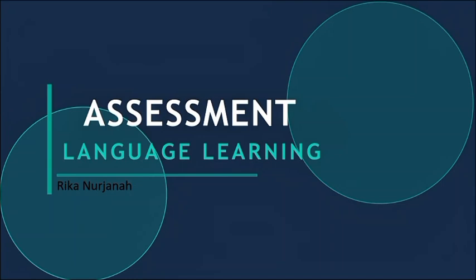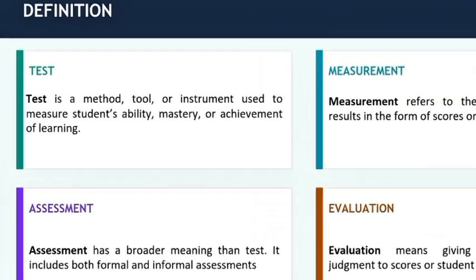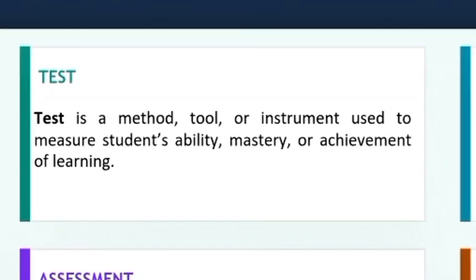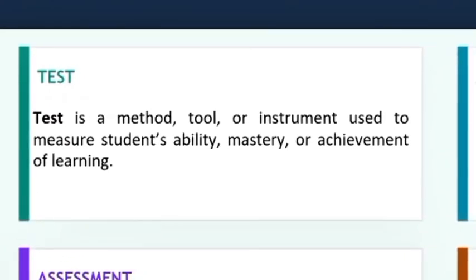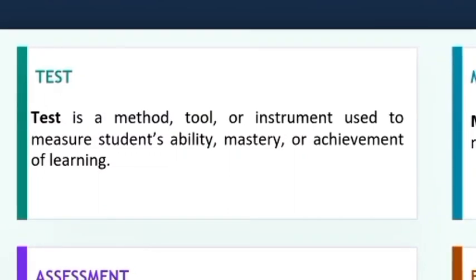So, before we go any further, let's make sure we are all on the same page. What exactly do we mean by test, measurement, assessment, and evaluation? Okay, the first is test. A test is a method, tool, or instrument used to measure students' ability, mastery, or achievement of learning.